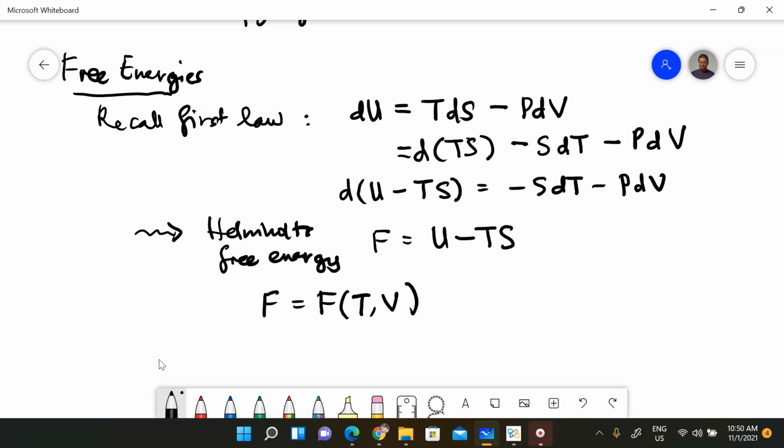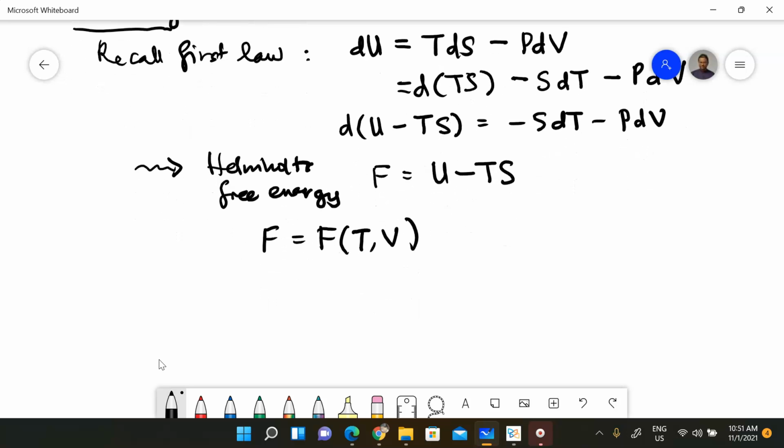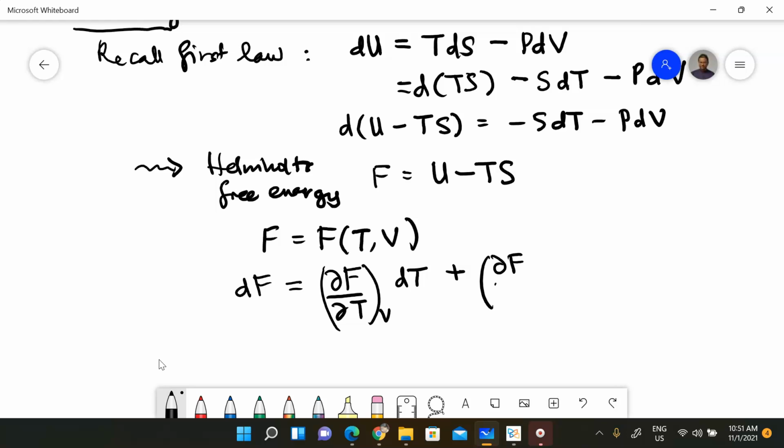So if I were to rewrite this as a differential over here, what will this give me? Since this is a function of T and V, this would be (partial F partial T) at constant V dT plus (partial F partial V) at constant T dV, right?